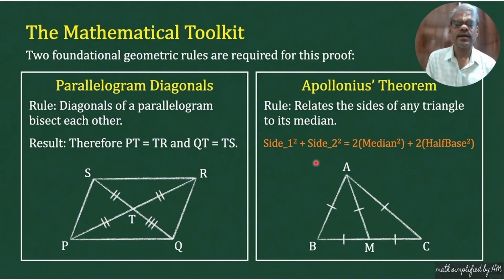Side 1 square plus side 2 square is equal to 2 times median square plus 2 times half base square. In this triangle, if AM is the median, then AB square plus AC square is equal to 2 times AM square plus 2 times BM square.